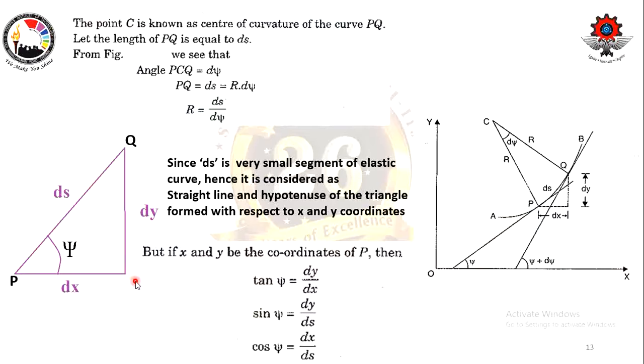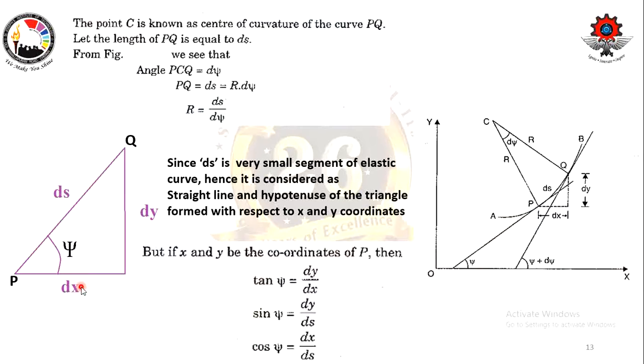Then from this right angle triangle PQR, tan psi is equal to, what is tan? By the trigonometric formula, tan is opposite by adjacent, therefore dy by dx. What is sine?